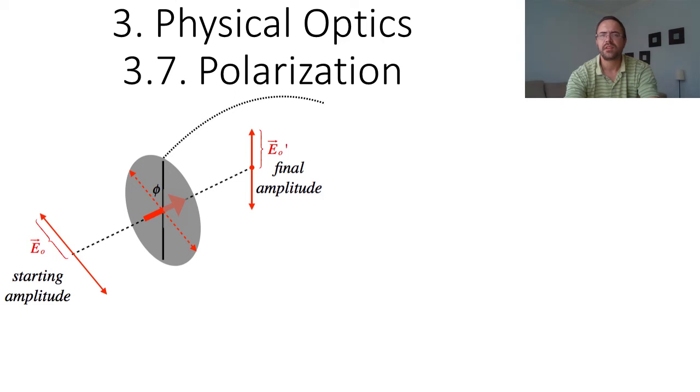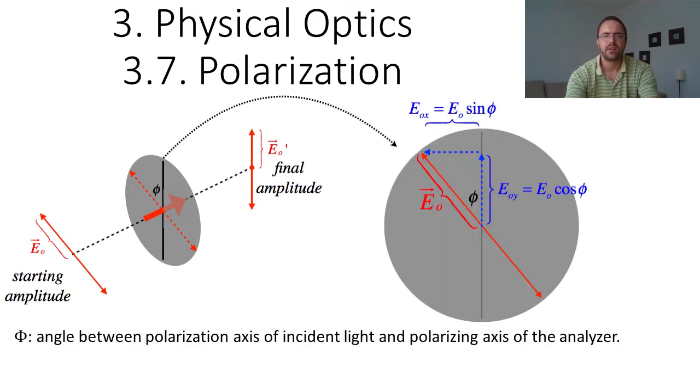Now, what happens if light that is already polarized goes through a second polarizer? In this case, often the second polarizer is also called an analyzer. So now you have light that is already polarized along a certain direction, and it goes through the analyzer. The final intensity after the analyzer will depend on the angle between the polarization axis of the incident light and the polarizing axis of the analyzer.